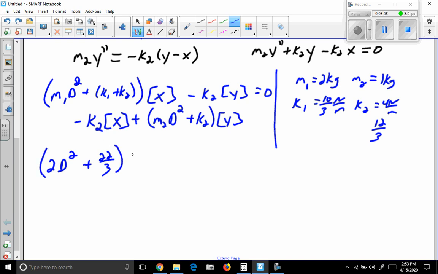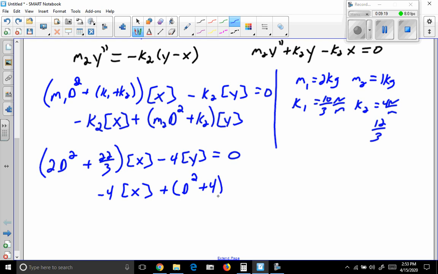So that's the operations on x. k2 is 4, so that's the operation on y. And then for the second one, minus k2, so minus 4 is the operation on x. And then we have m2, so 1 d squared plus 4, that's the operation on y.